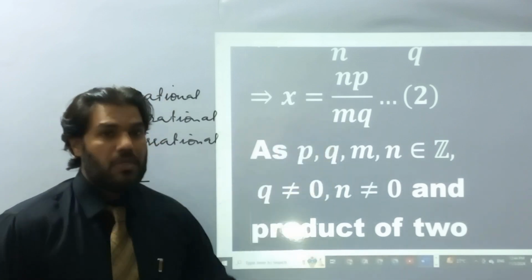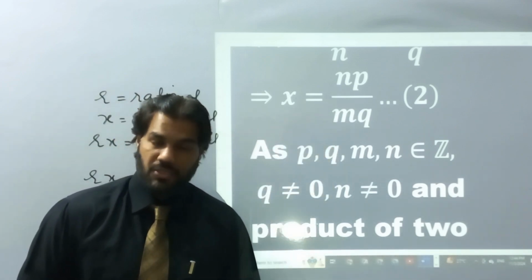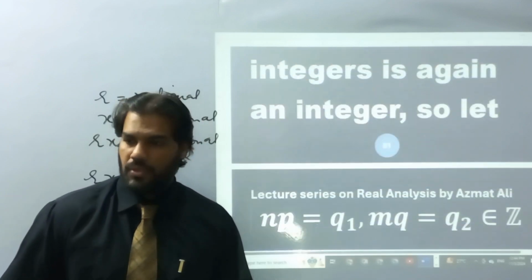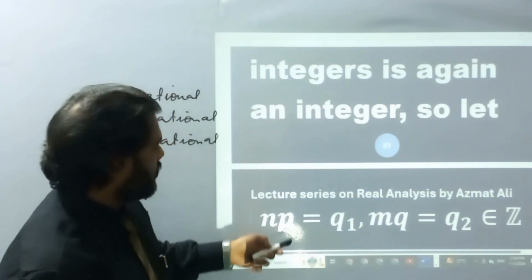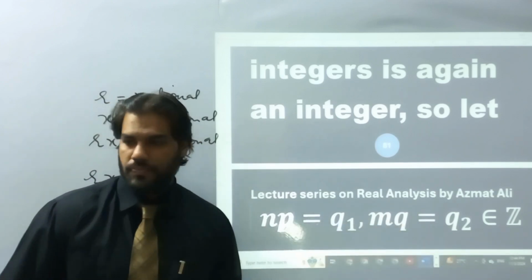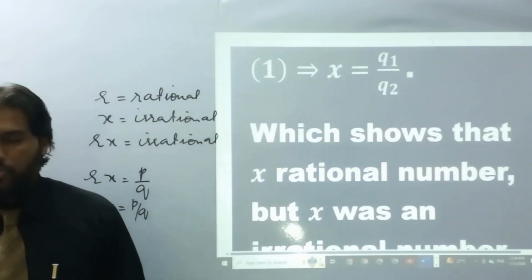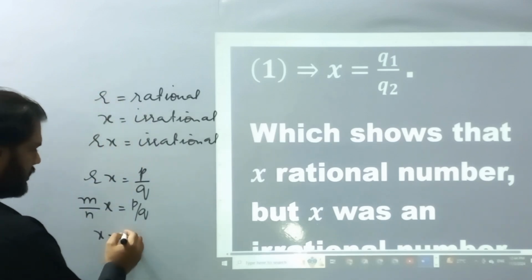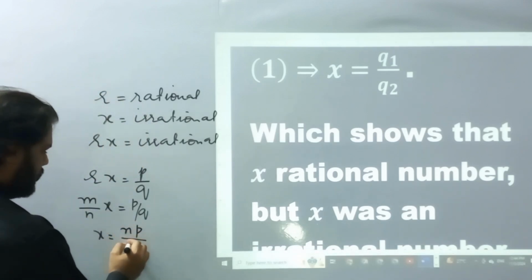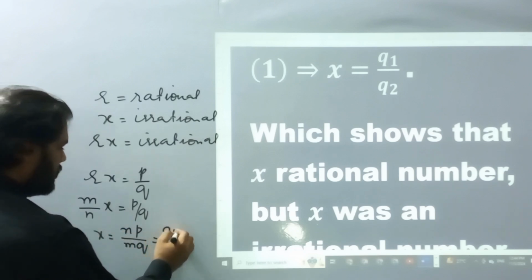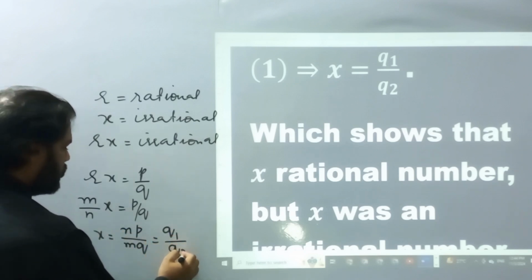Similarly MQ is also a product of two integers, so it will always be an integer. So let the product NP be equal to Q1 and the product MQ be equal to Q2.